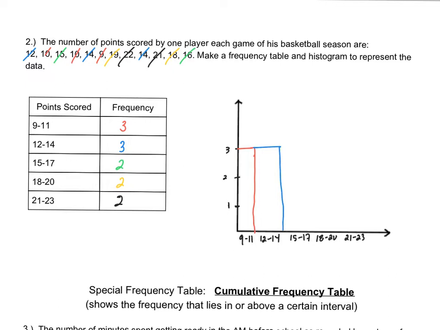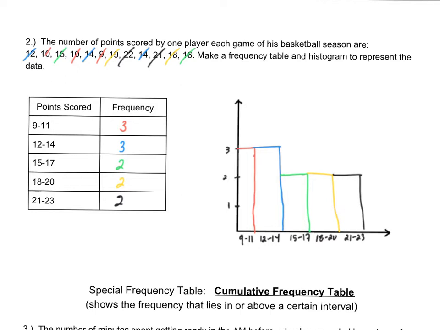And 15 to 17, now we are at 2, so I'll come down here to 2. Okay, and then 18 to 20, we're also at 2, so it's going to have that same height. And lastly, 21 to 23, also 2, so we're going to have that same height there. So that is 2 different ways representing the same data. We have our frequency table, and then we have our histogram.